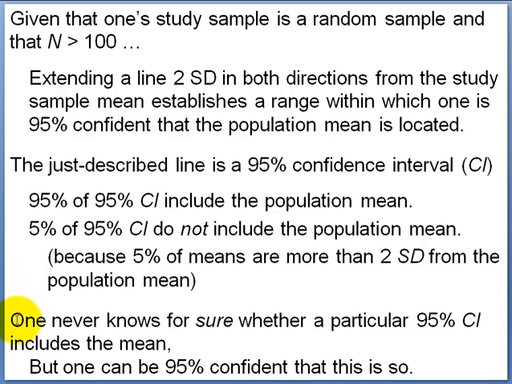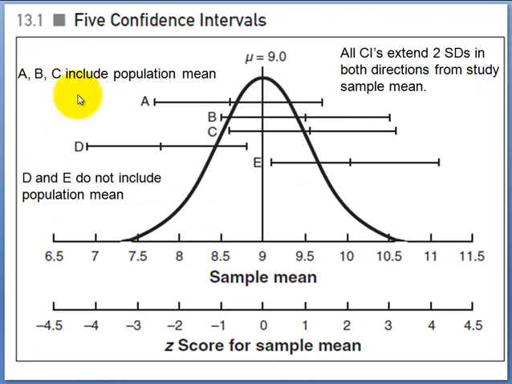So in any given study, you never know whether the particular confidence interval that you form does indeed include the mean. Though you don't know that, you are 95% confident that this is the case. So this graphic presents some confidence intervals.